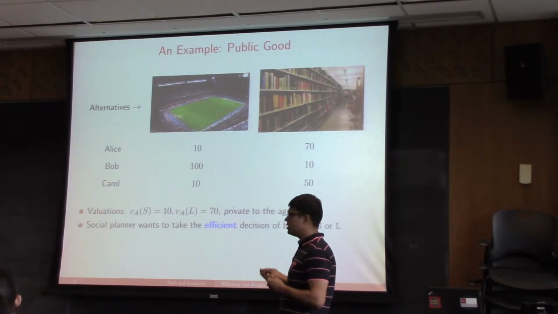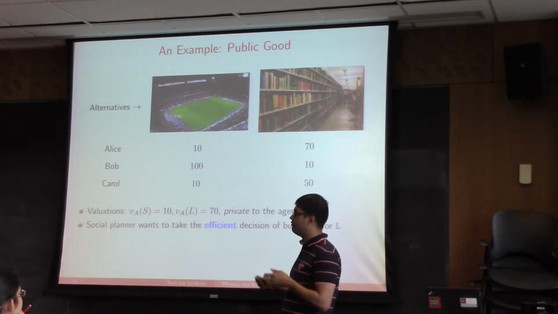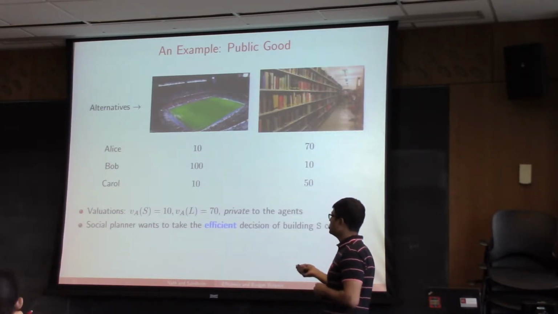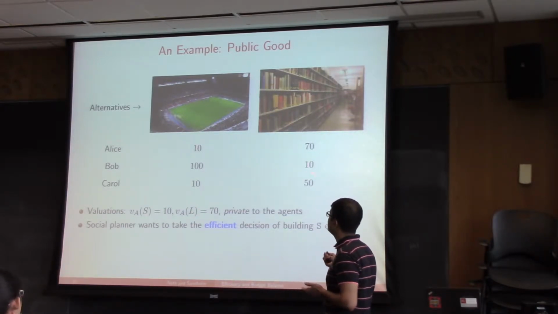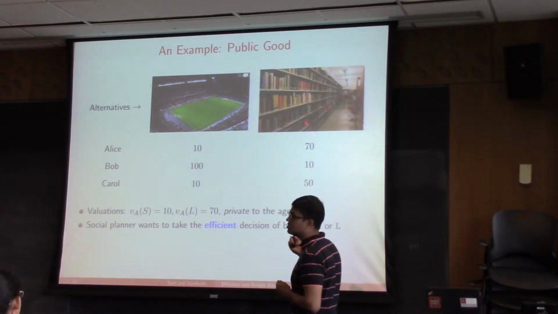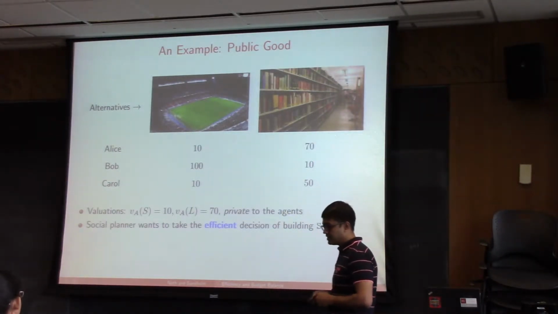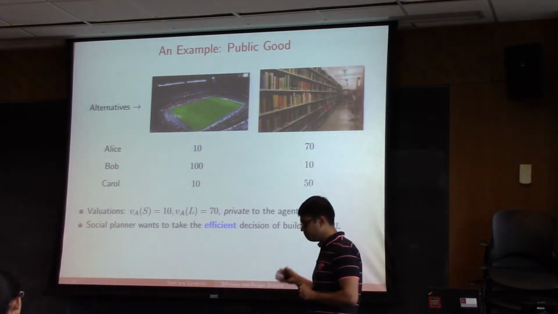He wants to take a decision that is efficient, in the sense that it maximizes the social welfare, that is, the sum of the valuations of all these agents. So if you take the sum of these numbers and these numbers, you can see that the efficient decision is to build the library. That's one of the classical properties of economic efficiency.